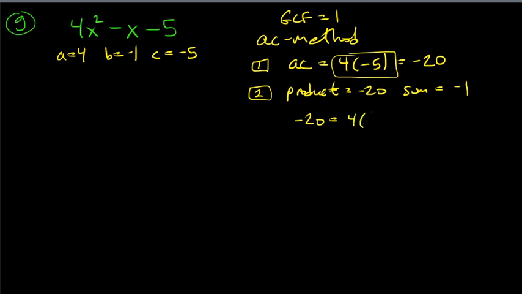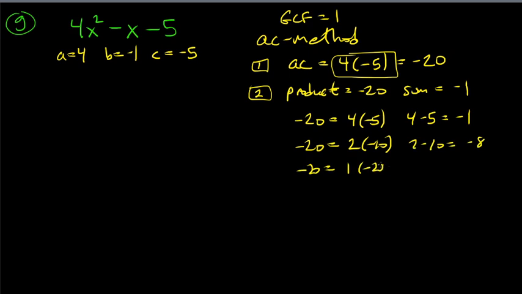It's 4 times negative 5, because 4 minus 5 is negative 1. So I found it right away because I just saw it up here. Of course, there's other possibilities. There's 2 times negative 10, which is negative 8. There's 1 times negative 20, which of course is negative 19. But I think that's it.